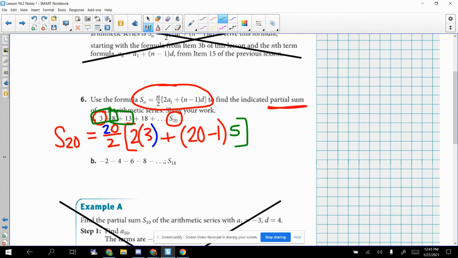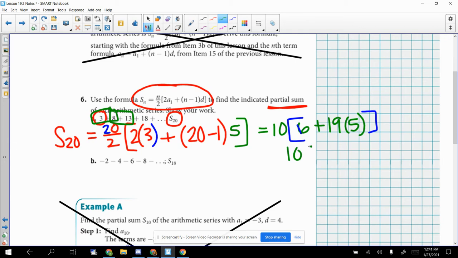Then you could just plug this all into your calculator, or you could simplify here. So 20 divided by 2 is 10. 2 times 3 is 6. 20 minus 1 is 19. And 19 times 5. And then you could simplify this even further. So that would be, whoops, that should be plus there.